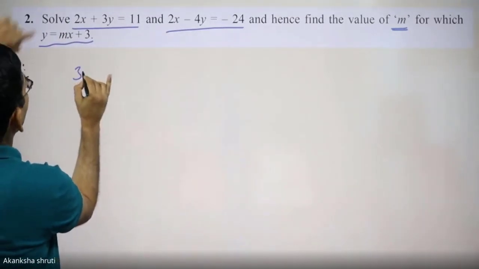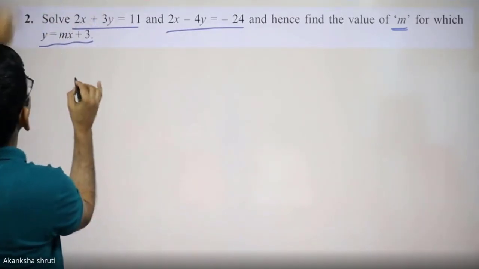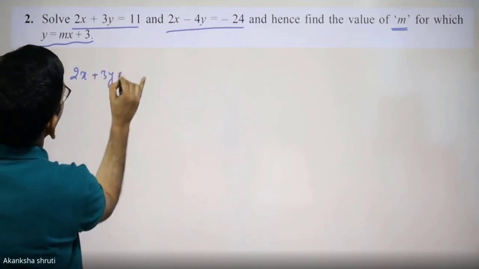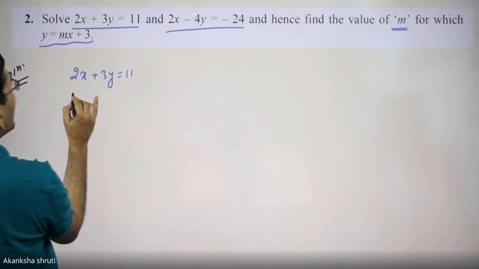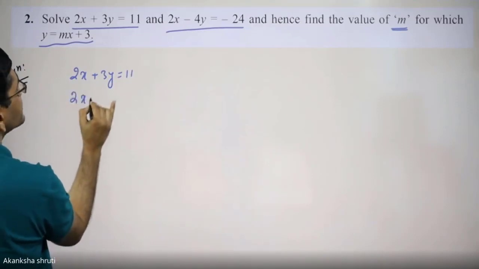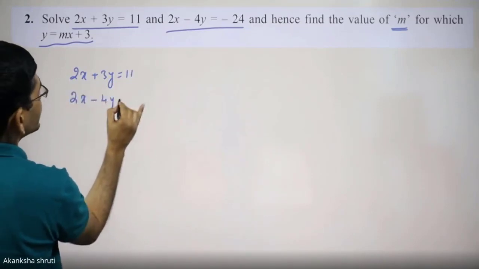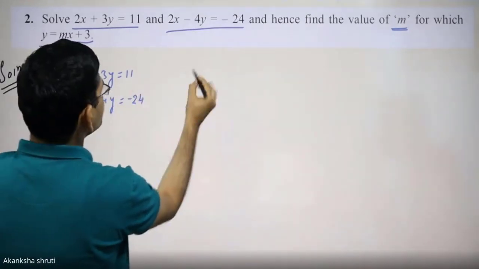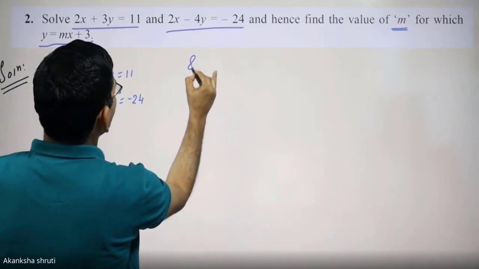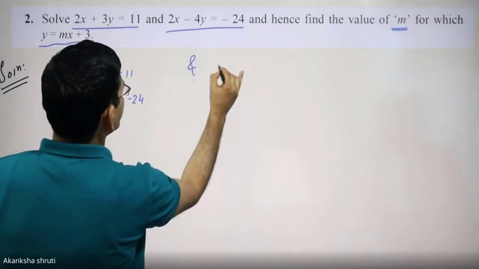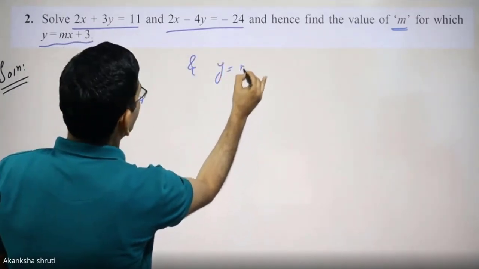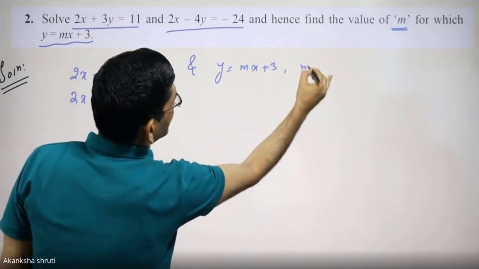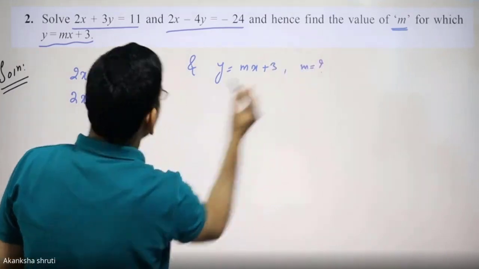These equations are 2x plus 3y is equals to 11, another 2x minus 4y is equals to minus 24. It is this pair, and one more from which m has to be determined is mx plus 3. So here we have to find what is the value of m.